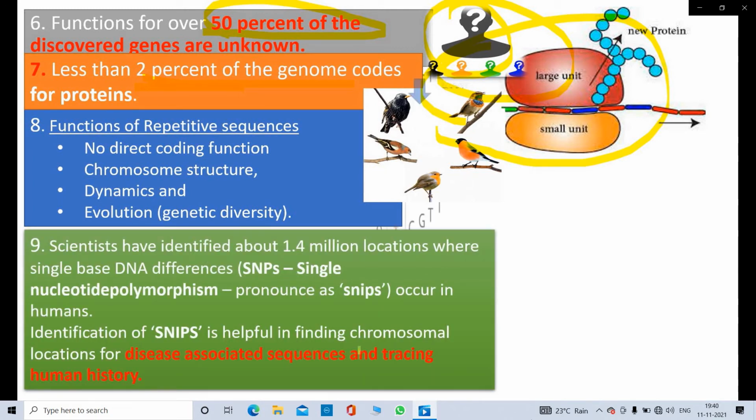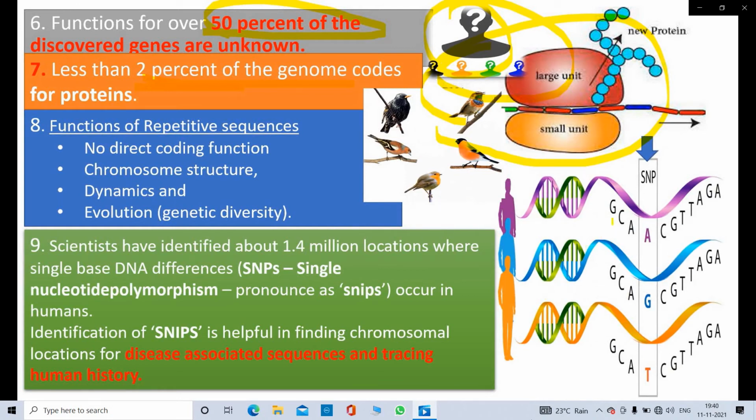And the ninth point, a very important one, SNP. So what is SNP? See here in the picture, you can easily observe the nucleotides. Here is a G, here is a G, and next place C, C. Next place, third place A. So here you can easily find the nucleotide polymorphism. But the polymorphism is not exactly the same in all.